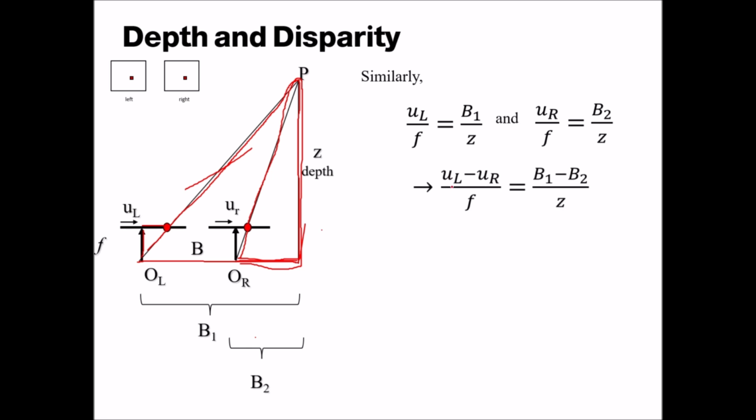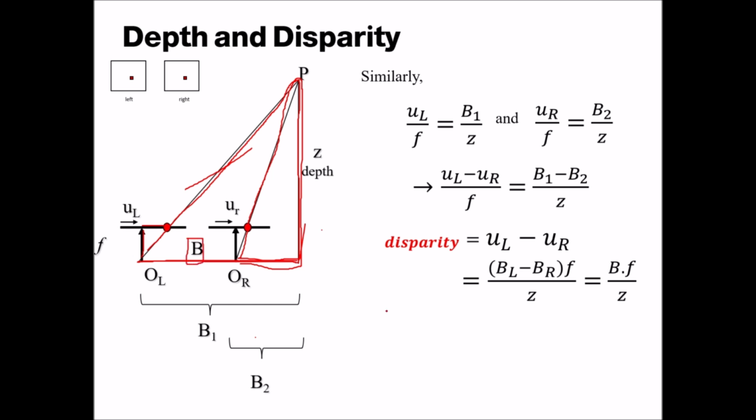This is the disparity equation, and you will see at the end the same equation: B multiplied by F over Z. B is only this part. For Z, the depth, it will also be the same using the equation from the disparity. So disparity and depth have the same information but in the opposite way.